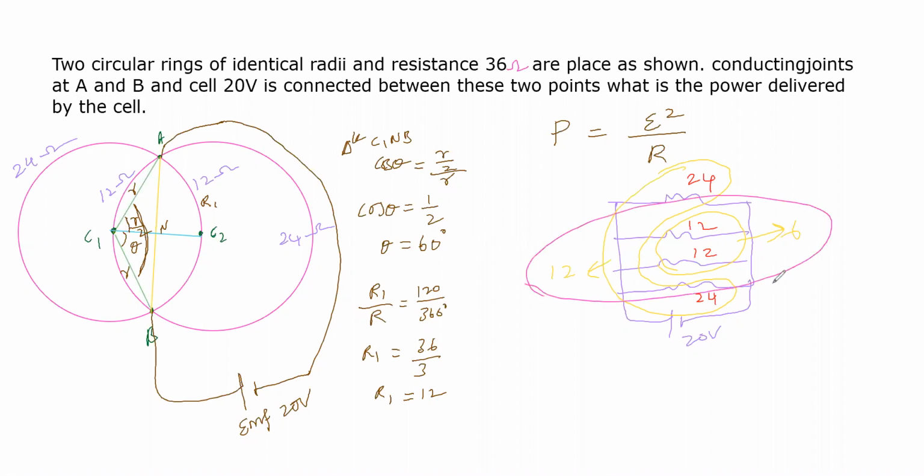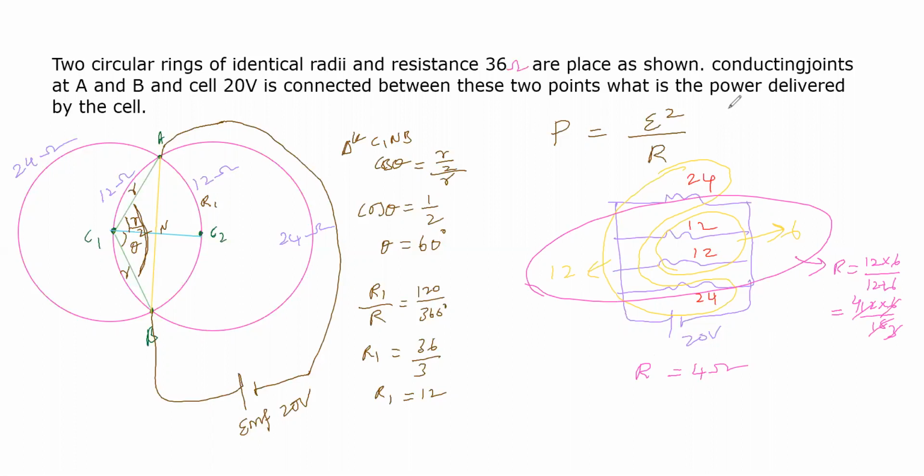The resistance in parallel combination is 12 into 6 divided by 12 plus 6, that is 12 into 6 divided by 18. Cancelling, we get 4. So the resistance of the circuit is 4 ohm.